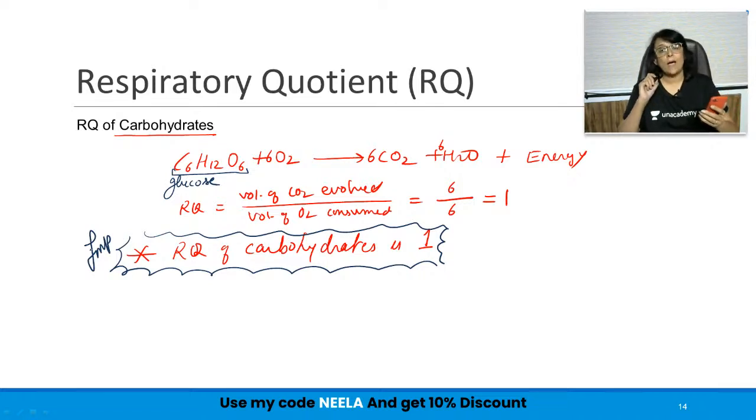So if now I ask you that if you're eating potatoes, what is the RQ of that food? What is there in potatoes? Potatoes have starch, and starch is carbohydrate. That means RQ is going to be 1.